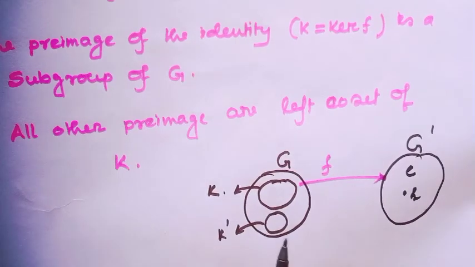Then K prime would be a left coset of K, and since K is a normal subgroup, this is also the right coset.